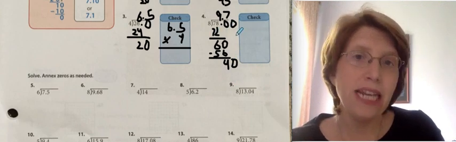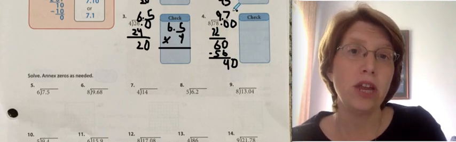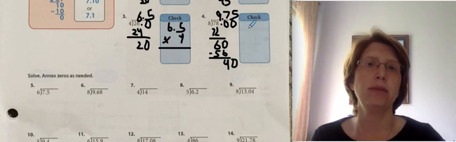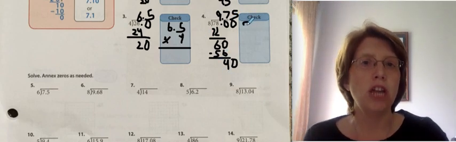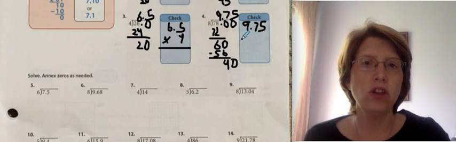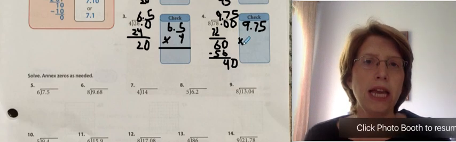So we're going to keep adding zeros till you don't have a remainder. Now it goes in 5 and there will be no remainder because 8 times 5 is 40. So to check, you're going to put 9 and 75 hundredths over here, and you are going to multiply it times that 8.